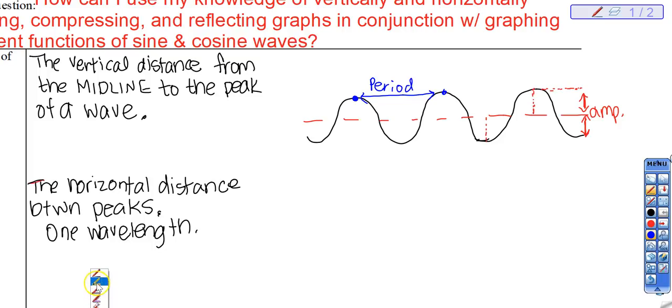So we consider this a wavelength here, from peak to peak, okay? And the period is the horizontal distance between peaks. It could also be between troughs, if you'd rather.